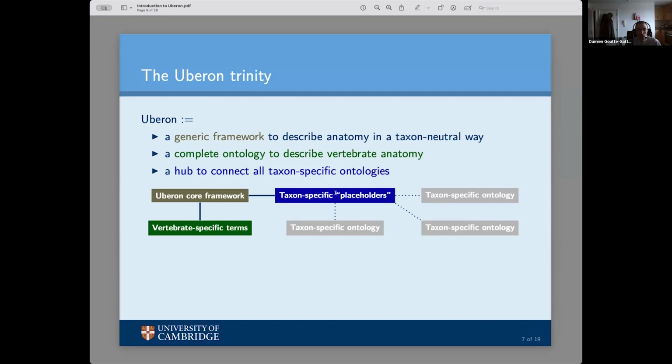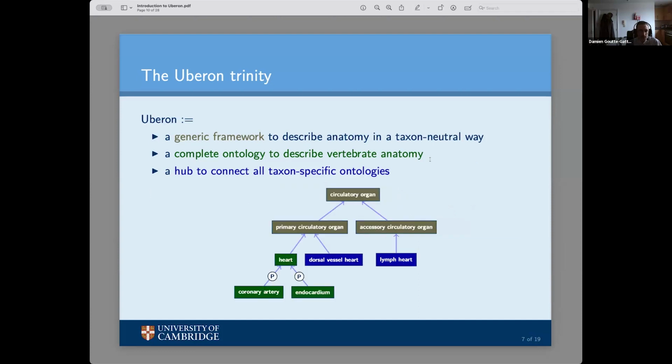And it's also a hub to connect all taxon-specific ontologies through what I call here taxon-specific placeholders. So terms such as dorsal vessel heart, to which we can attach terms coming from the taxon-specific ontologies. So if we go back to our example, terms such as circulatory organ, primary circulatory organ, or accessory circulatory organ are part of the generic framework to describe a taxon-neutral anatomy.